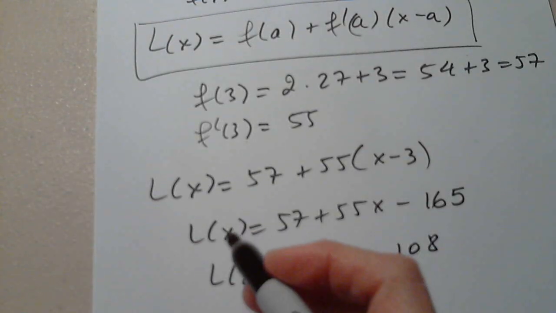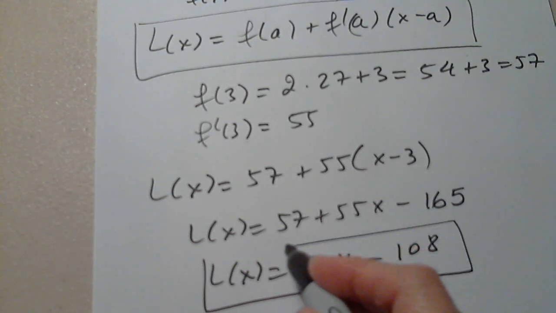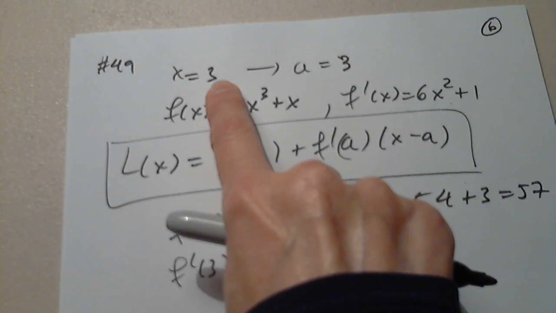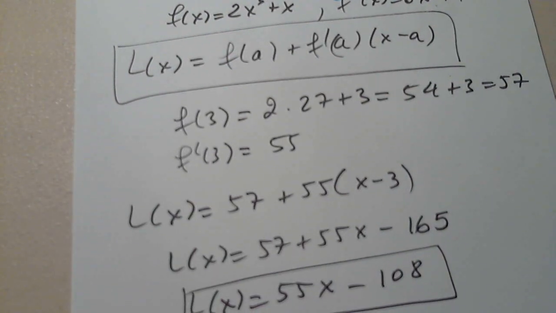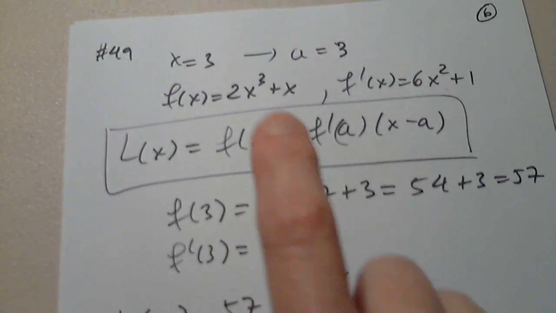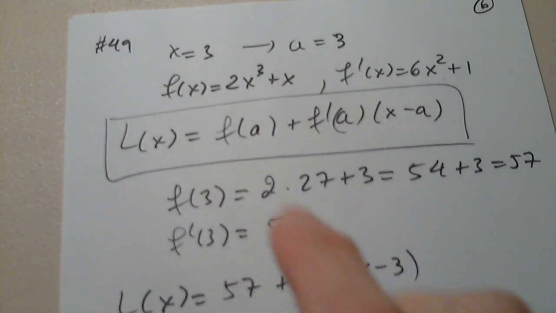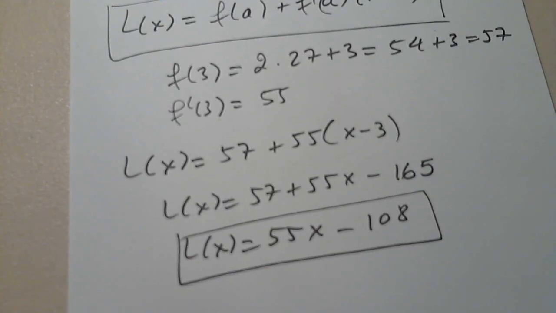Okay, so this is the linearization of this function only near 3. It's a straight line. I can approximate the function near 3. I don't have to plug this in. I can use the linearization to find an approximate value.